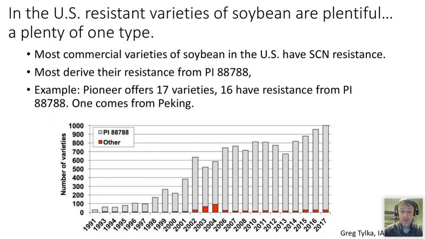So PI stands for plant introduction, and 95% of the commercially available SCN resistant varieties that are out there derive their resistance from this one genetic source.